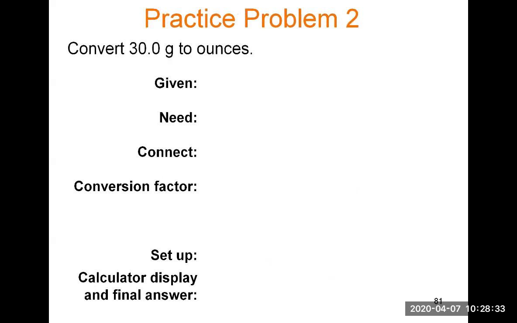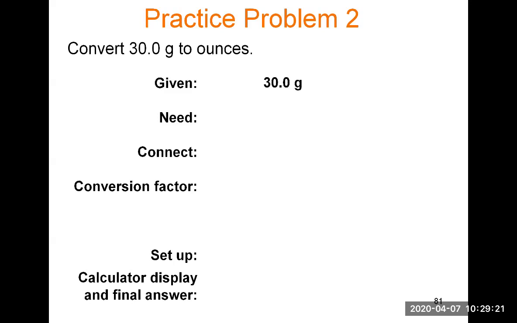Let's practice with another problem that is asking to convert 30.0 grams to ounces. Again, you want to be pausing the video to practice this before you watch. So the given amount here is 30.0 grams.